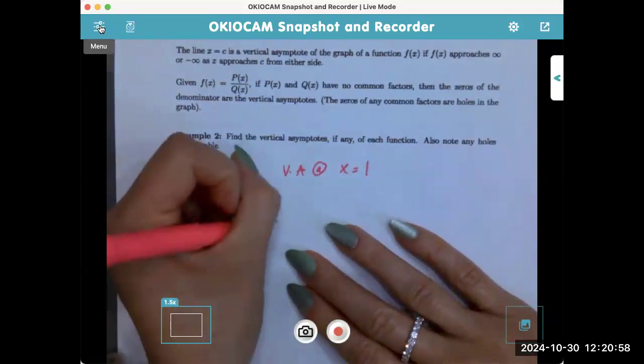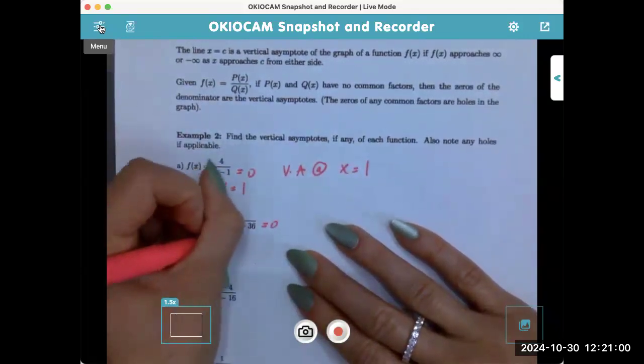B, same thing. We want to take the denominator, set it to 0, and factor.